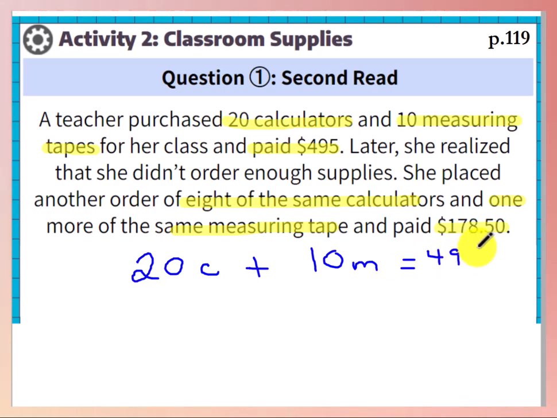So the next thing, she realized that she didn't have enough. So we have another equation. She ordered 8 calculators and 1 measuring tape. So 8 calculators and 1 measuring tape. I'm just going to write an M. 1 times M is M. If you need to write that 1, go ahead and write it. And that new total was $178.50.